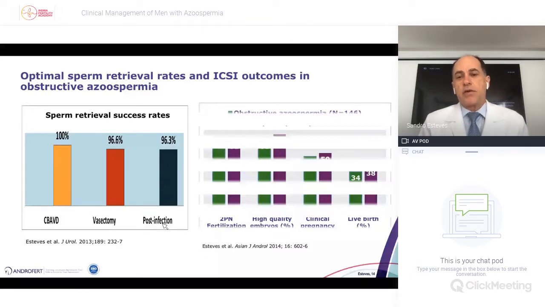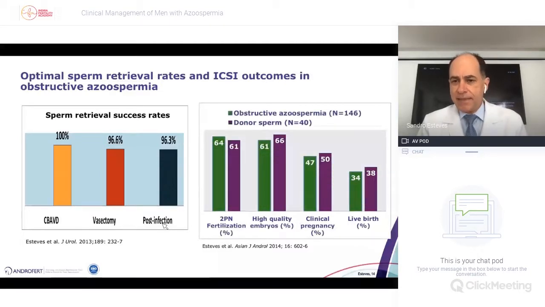When we look at ICSI results, you can see on the right-hand side of the screen that in one study we compared ICSI outcomes in patients with obstructive azoospermia with ICSI using sperm obtained from donors.